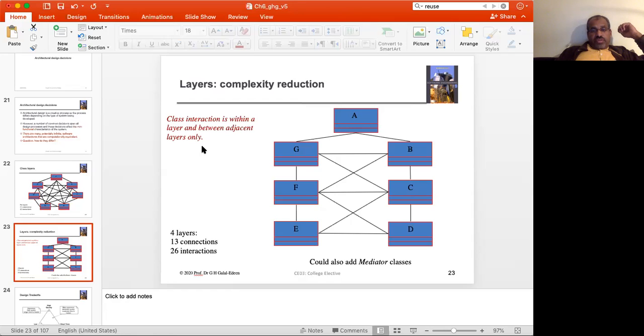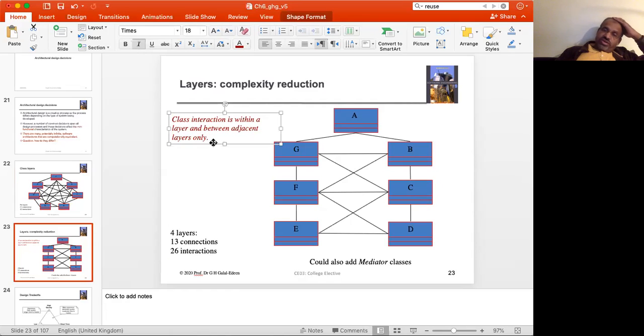But here we have this layered architecture, which we'll come to later, where every class can only speak or interact with adjacent classes, not jump across classes. Therefore, you're reducing the complexity of each individual module because it doesn't have to speak to many others. This is important. So even the internal complexity of each of these modules is reduced.